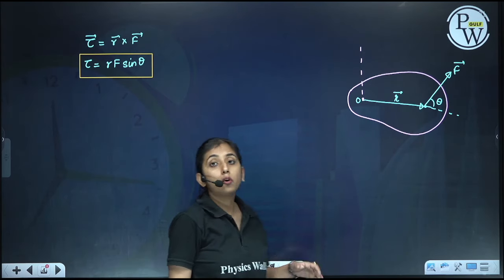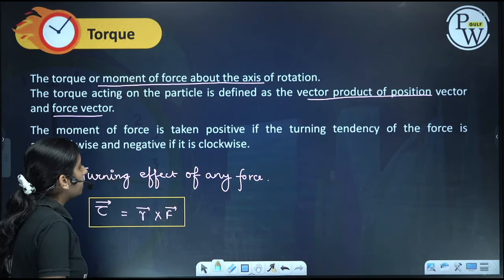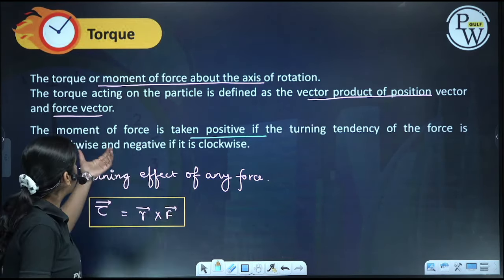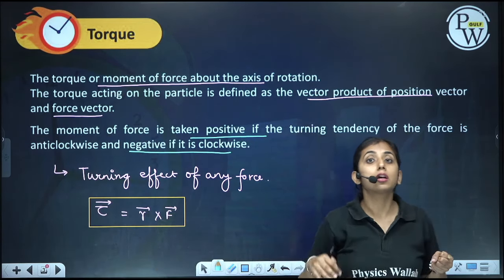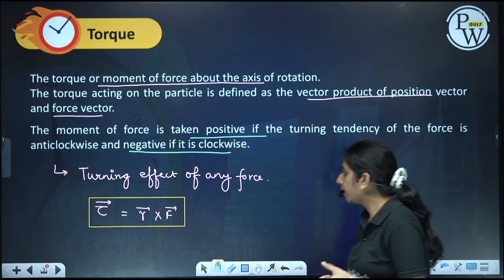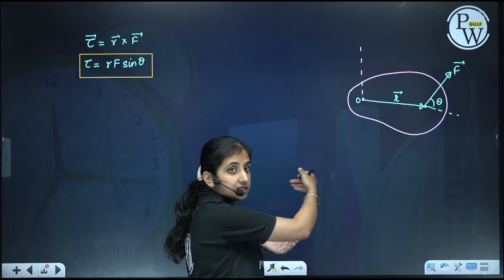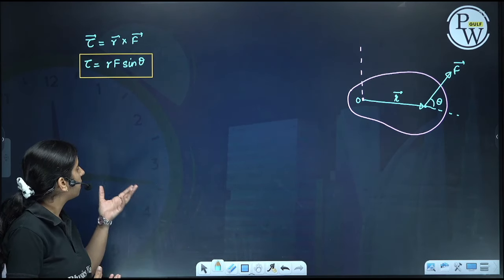Now if the force has a tendency to rotate the body anti-clockwise, then torque is taken as positive, and if the tendency of the force to rotate the body is clockwise direction, then it is taken as negative. Just like we have in this case, the body will rotate like this in the clockwise direction, so torque will be taken as negative.